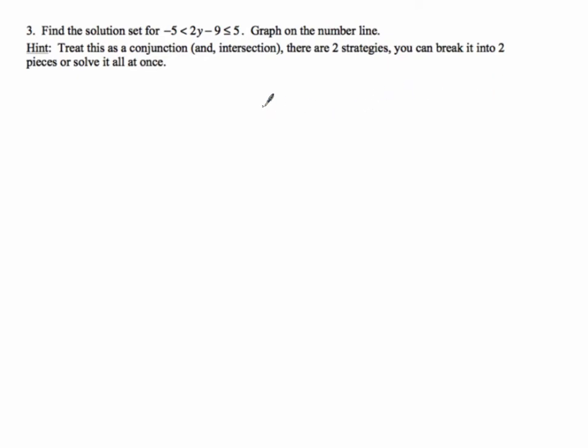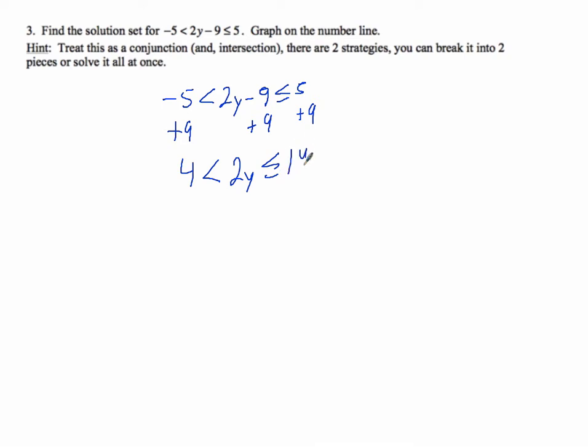Okay, next we have this one here. Okay, so if you got something like that, you can work with all 3 parts of the inequality at the same time. Okay, so first thing we want to do is add 9, and we add it in 3 different places. So we have 4 less than 2y less than or equal to 14.